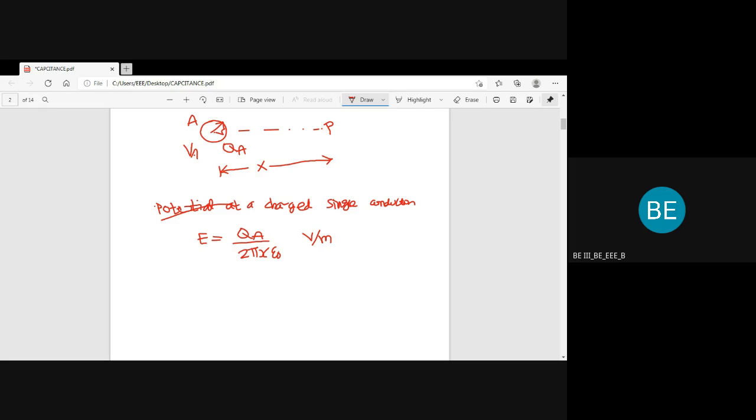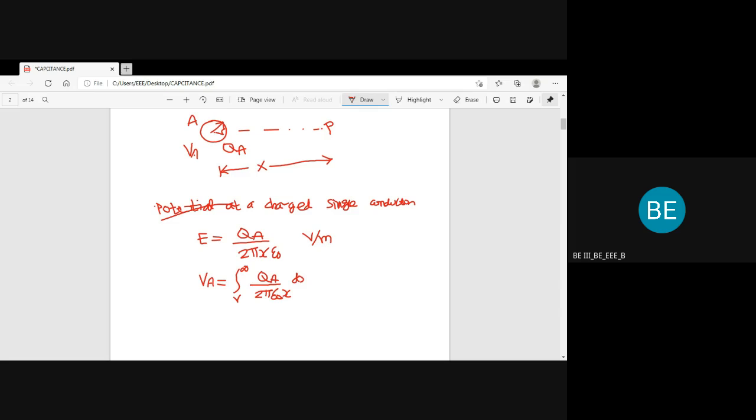From this electric field intensity, if we want to find the electric potential VA, VA equals the integration from the radius r to infinity of QA divided by 2 pi epsilon naught x dx.